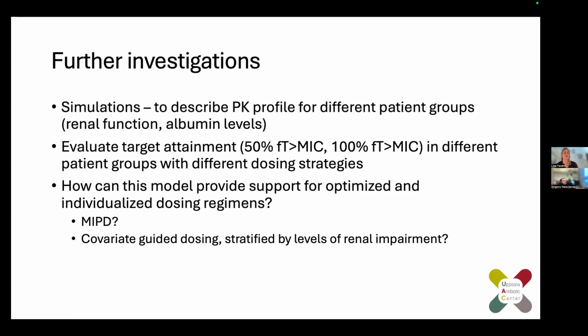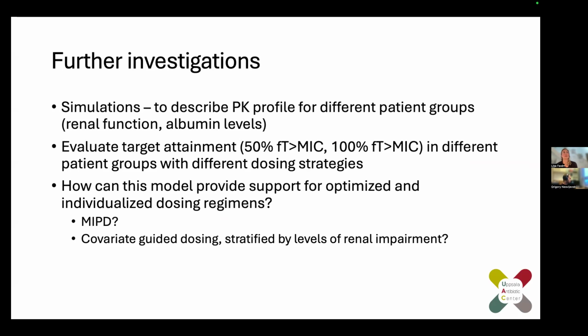So what's left to do? We will do simulations to describe PK profiles for different patient groups regarding renal function and albumin levels, and evaluate target attainment with different targets, different patient groups and different dosing strategies.